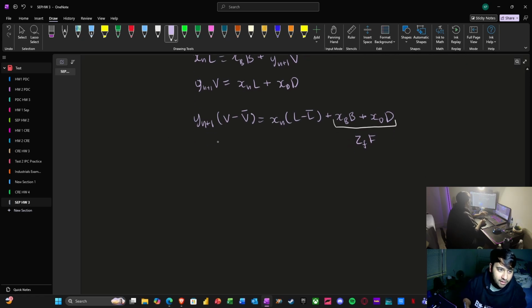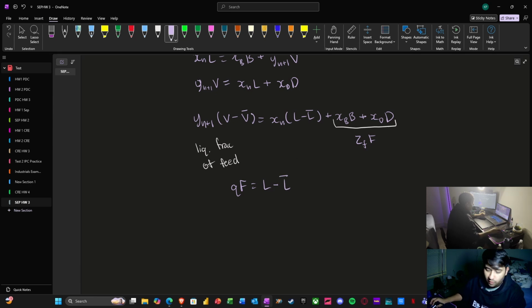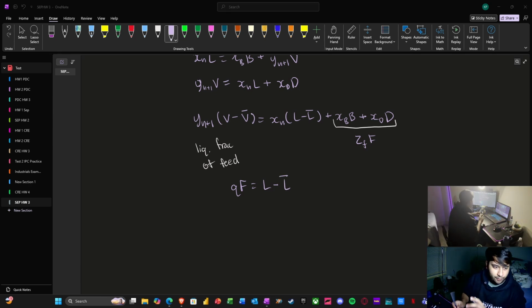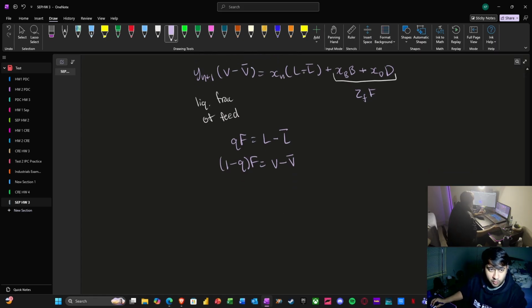And then we look at the liquid fraction of feed, which we use as Q. So Q times F equals L minus L bar. And for our vapors, we get 1 minus Q times F, which equals V minus V bar, which looks pretty familiar to what's up here.